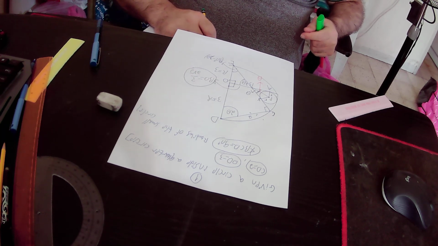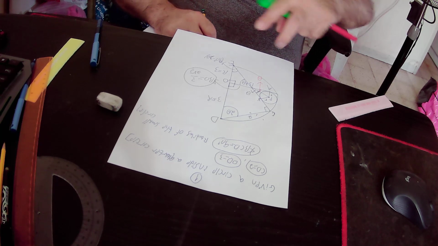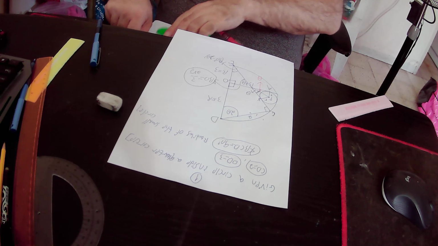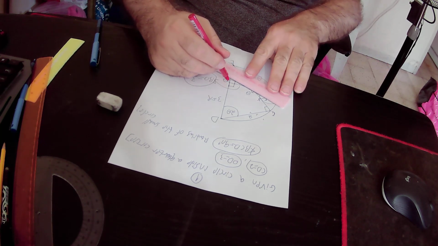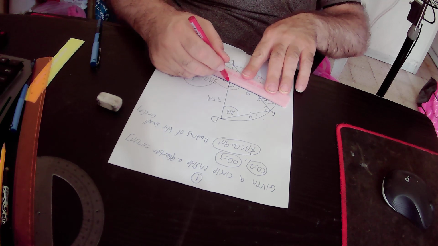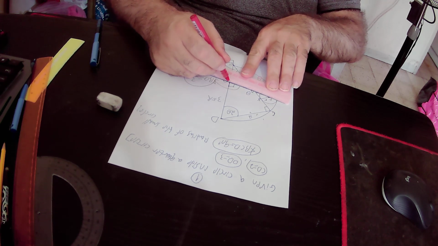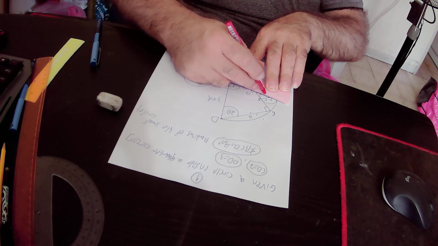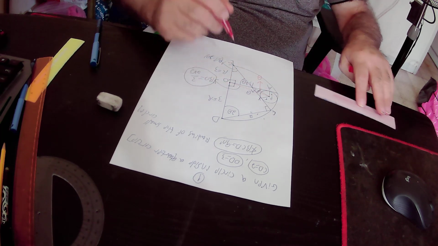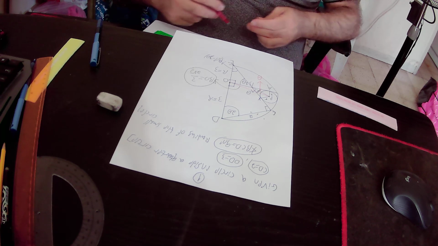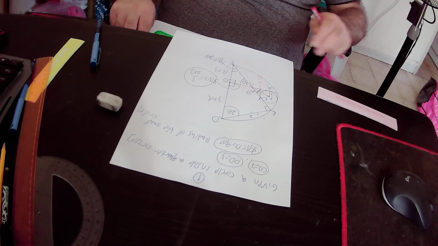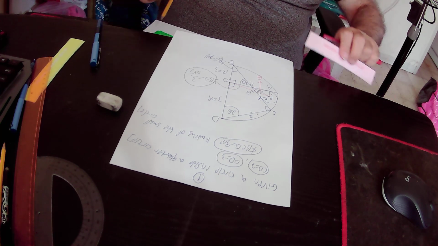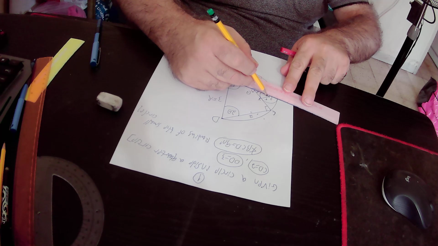In the next step, we will join together points P and O by a straight line, and we will extend PO until it touches the circle at point M.